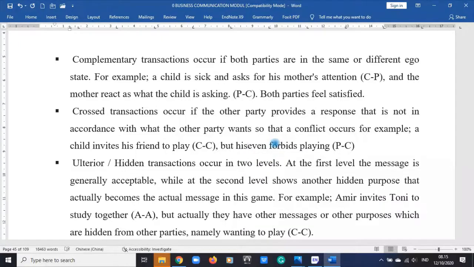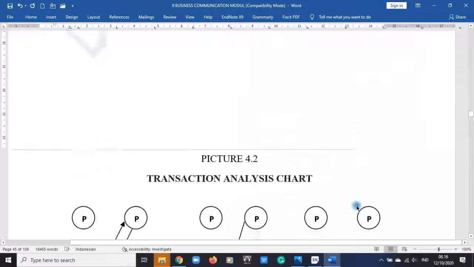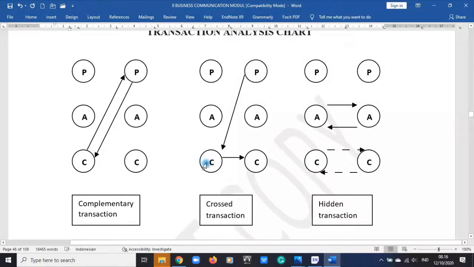You need to revise your notes. The child is asking his friend to play, but the parents forbid them. You need to study, not play anymore. Please study. This is called a cross transaction.